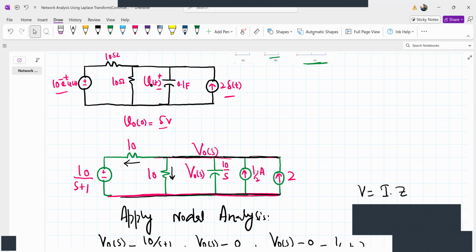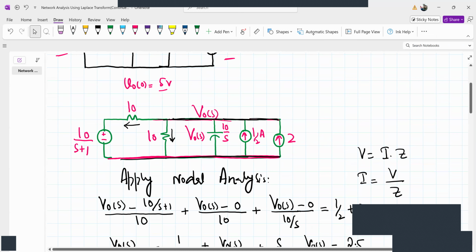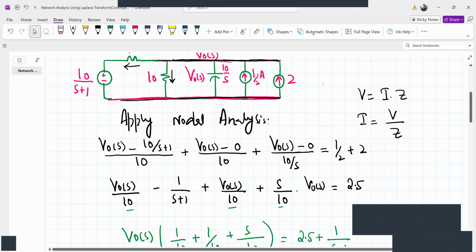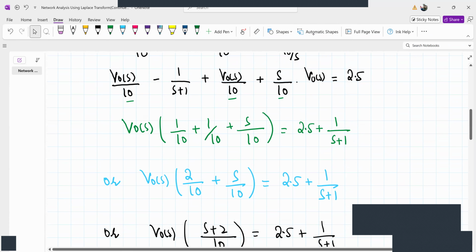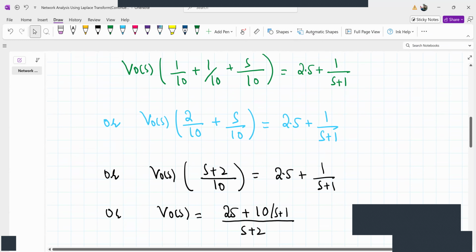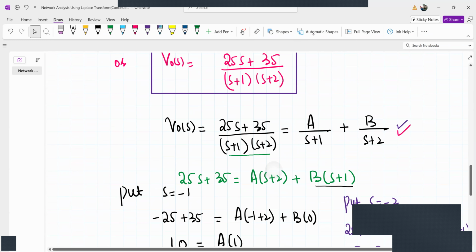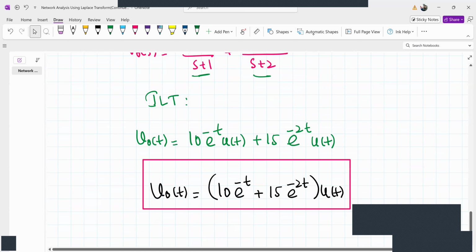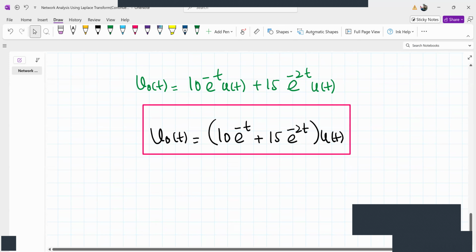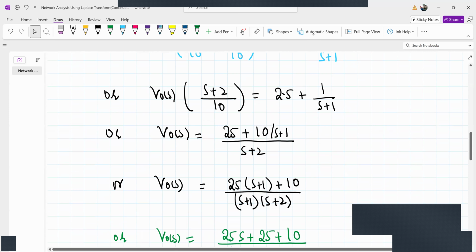Then we applied KCL, our nodal analysis here. There are 5 branches. We summed the 5 currents, and then this simplification gives us V naught of S. Once we have found V naught of S, we get V naught of t here. This is our answer.